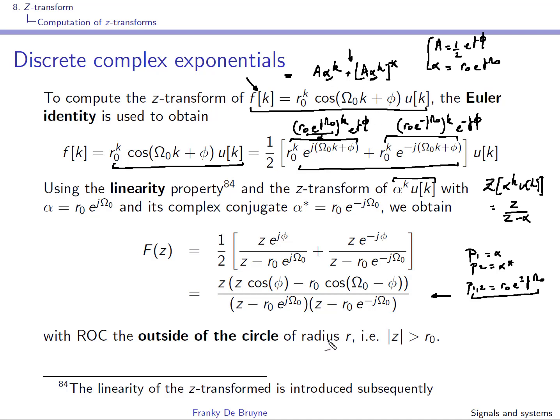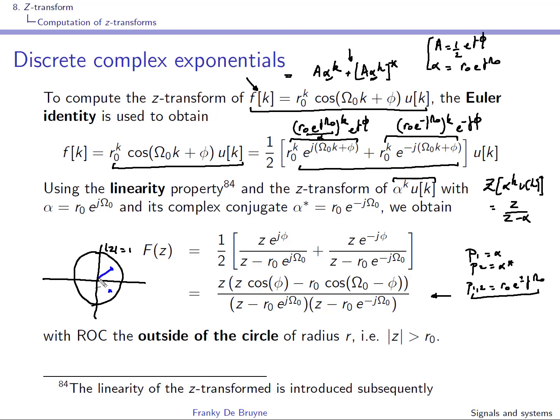You can of course also look at the region of convergence. So let us draw the z domain, and this is the unit circle, and we have two complex conjugate poles.